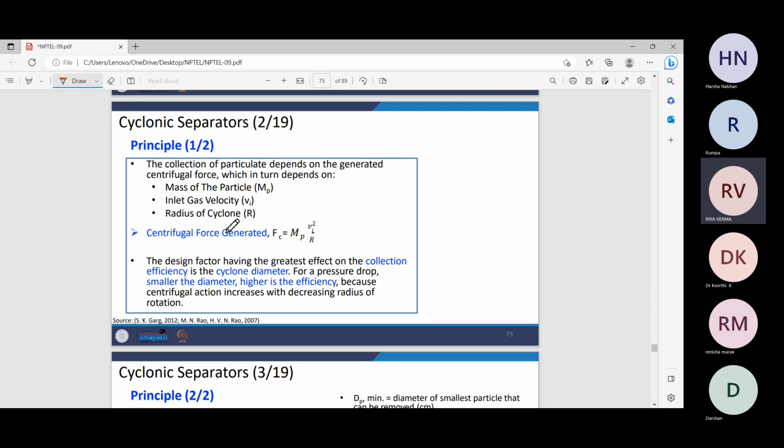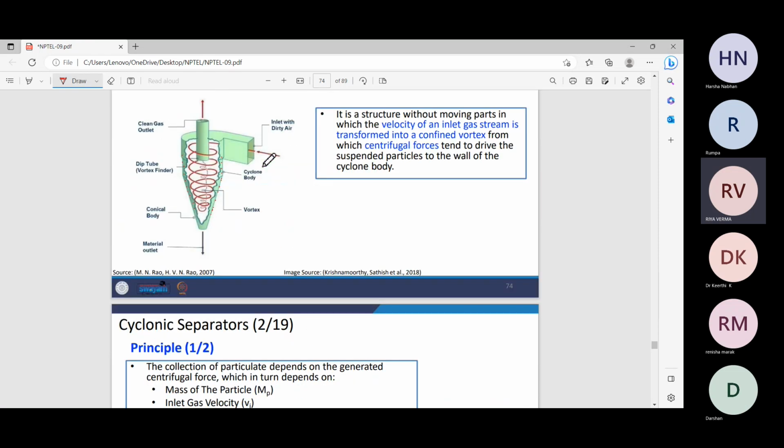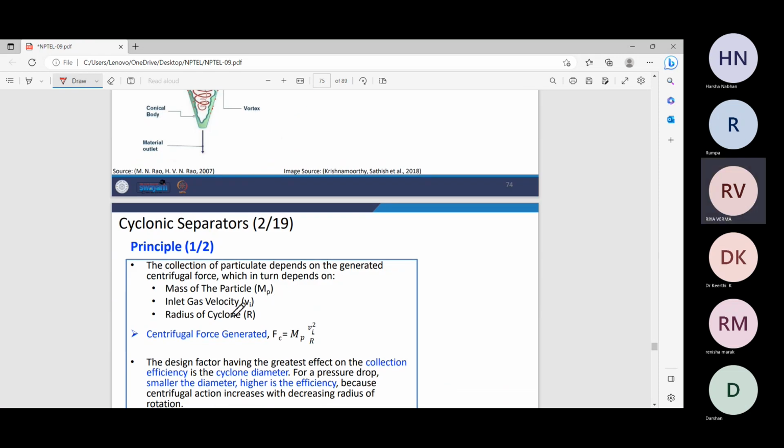This centrifugal force in turn depends on the mass of the particle, the inlet gas velocity with which the gas enters the cyclone, and the radius of the cyclone, because the formula for centrifugal force is mv square by r. So these are the three things on which this centrifugal force depends.